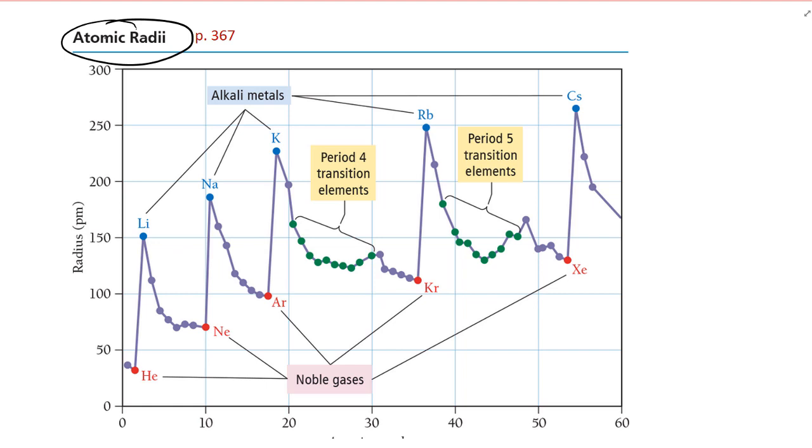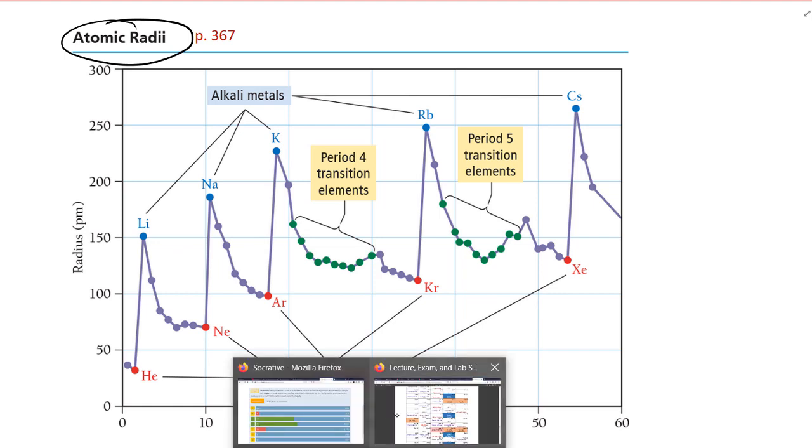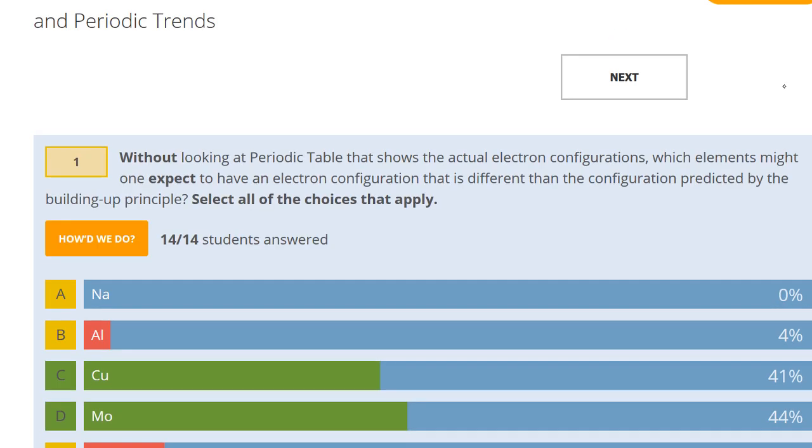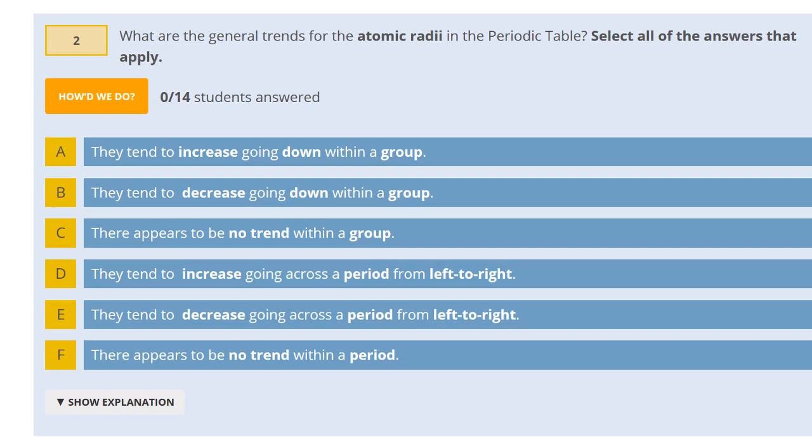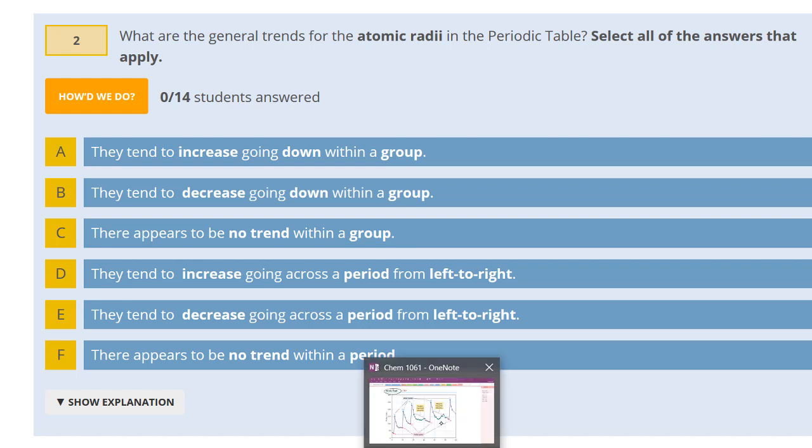The first thing we're going to do before we explain the reason why is to have you look at this and see if you can identify the trends in the atomic radius. And remember that the radius is the distance from the nucleus, that is the center, to the outside of the atom. So it's not the diameter, but is the distance from the nucleus to the outside of the atom.